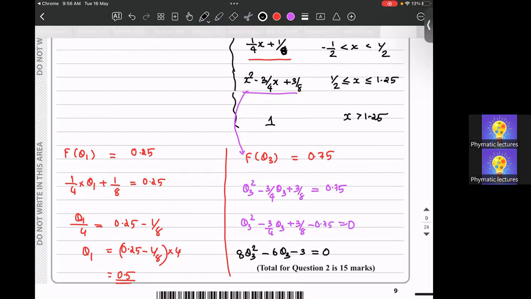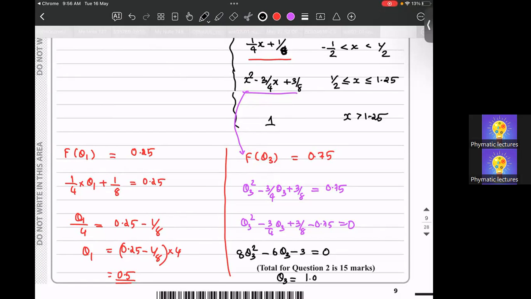So solve the quadratic equation and find the value of Q3. You can use either factorization or the quadratic formula method to find the answer. So we will get two values of Q3.